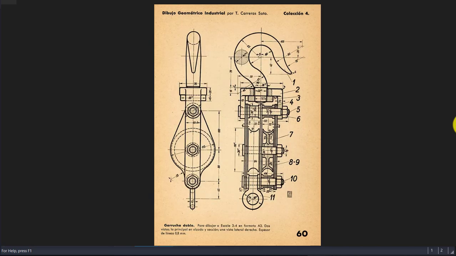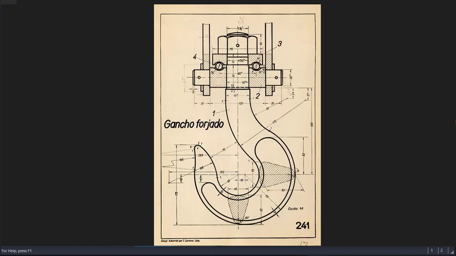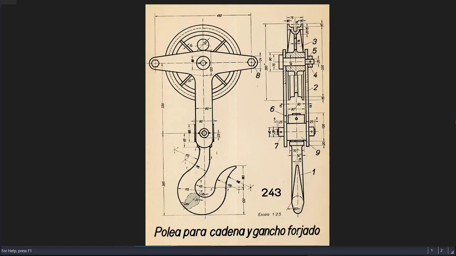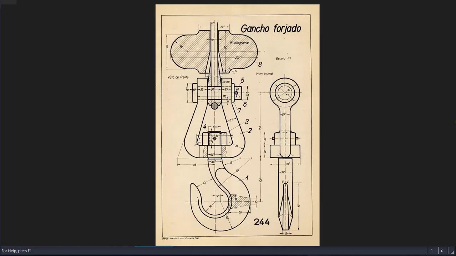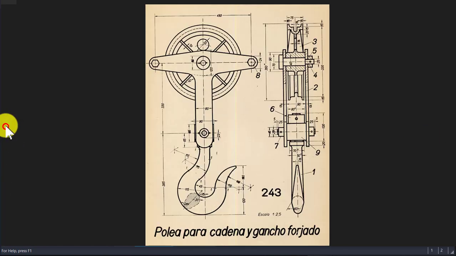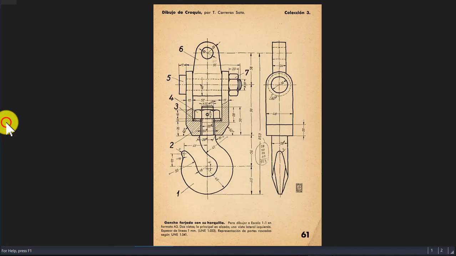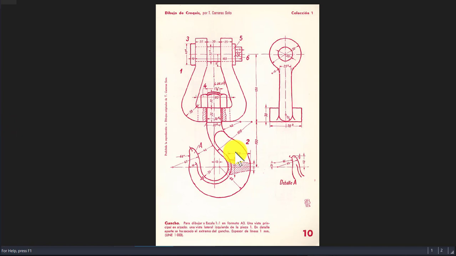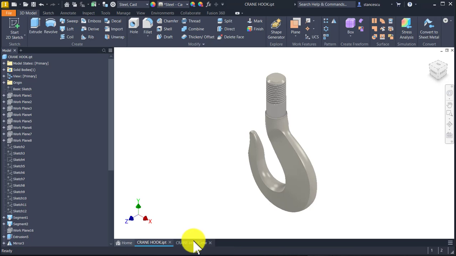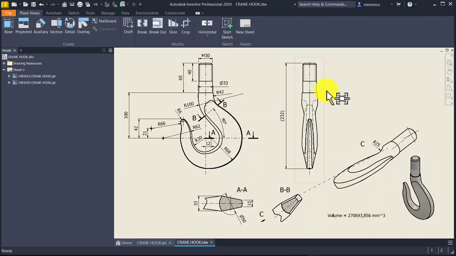Many shapes, many dimensions, and so on. I selected that one because I think it is not too complicated, not too simple. The drawing is this.